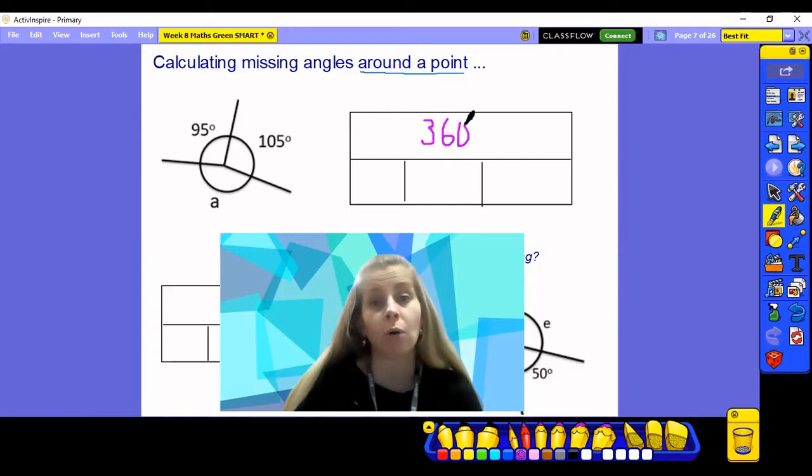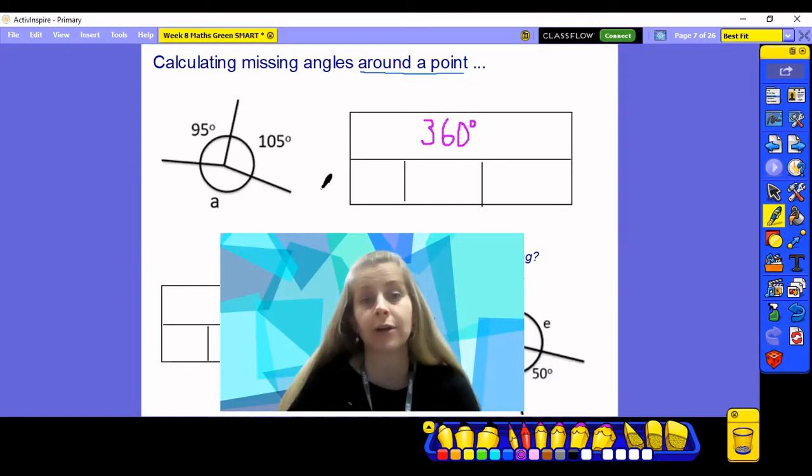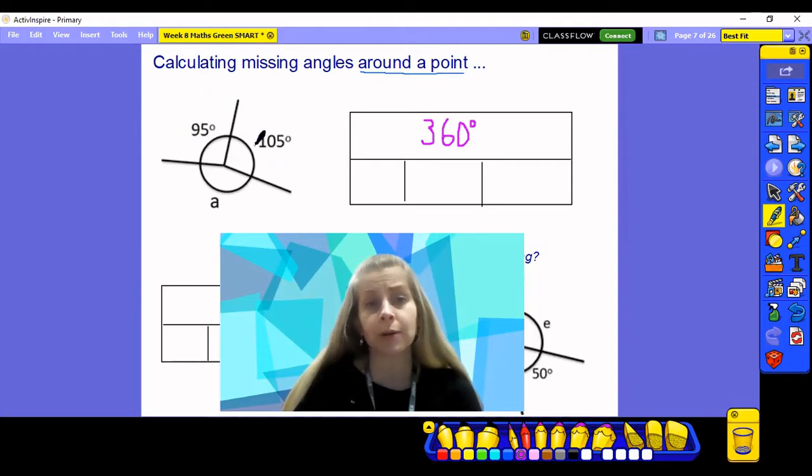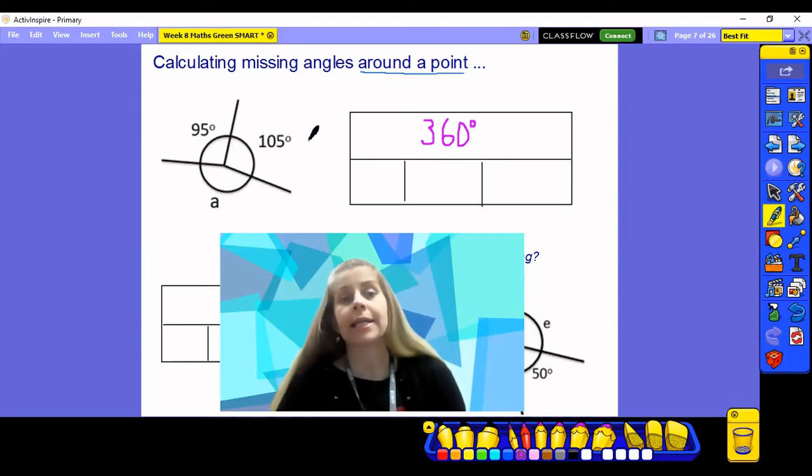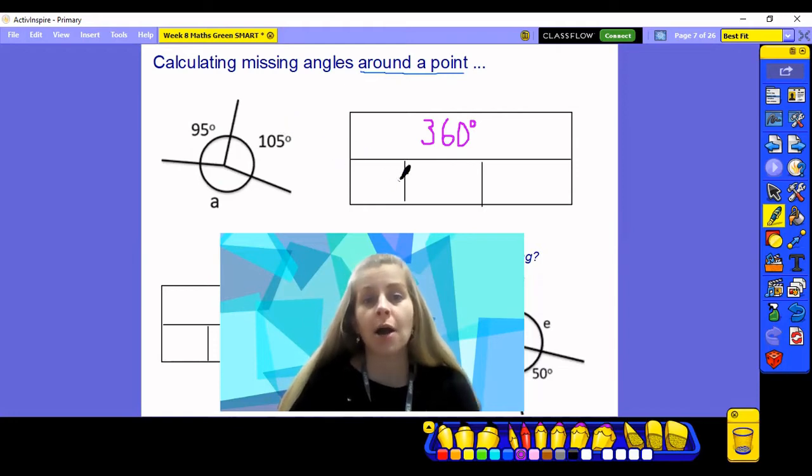That's our whole amount when we're talking around a point in degrees. And you will notice on this diagram that we already have some of our angles given to us. In fact, we've got 2 obtuse angles here because they are above 90 degrees and below 180 degrees, which we touched upon in yesterday's learning.